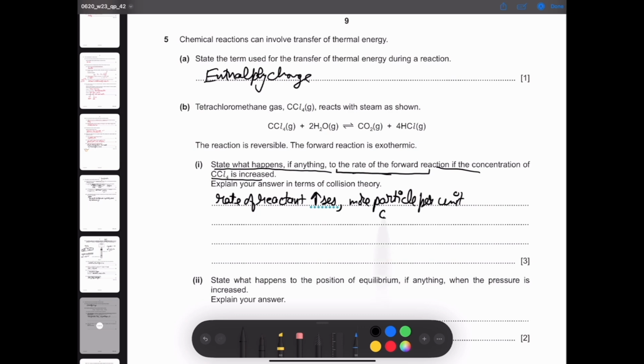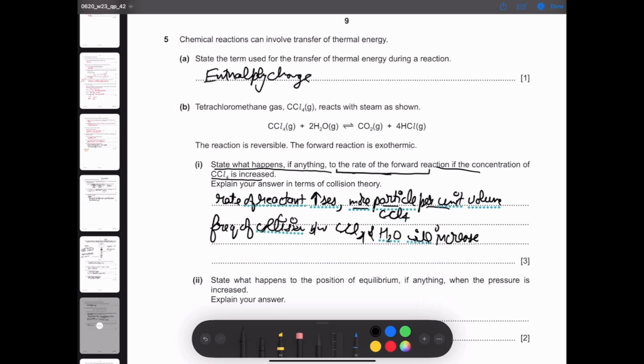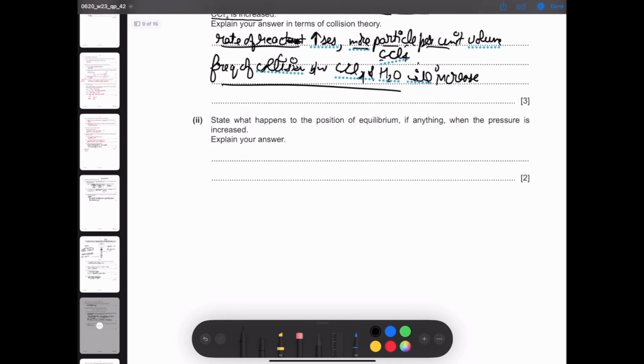More particles of CCl4 per unit volume now. This is what it means by increasing concentration. So if there are more particles per unit volume, then the frequency of collisions between CCl4 and H2O will also increase. Very basic logic. This is what you had to mention. Rate of reaction increases, more particles per unit volume are there, so frequency of collision also increases.